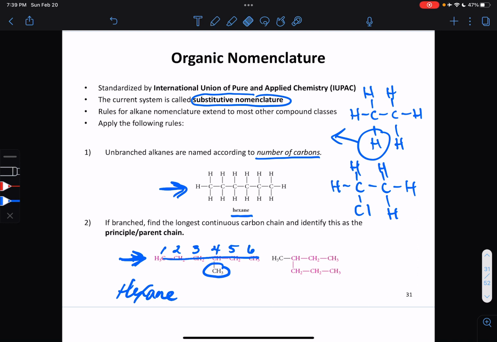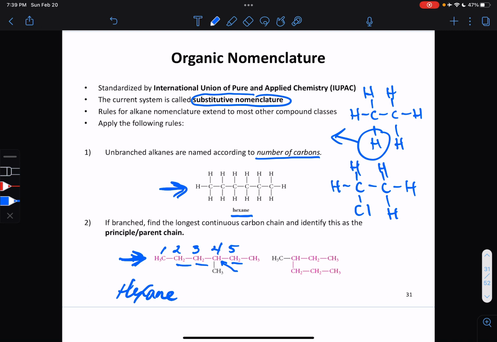So a branch is going to be anything that's hanging off our principal or our parent chain, and it will be something that replaces a hydrogen of the original parent chain. So what you'll notice right here is that carbon only has one hydrogen. It doesn't have two hydrogens like the carbons around it, or three hydrogens like the end carbon.